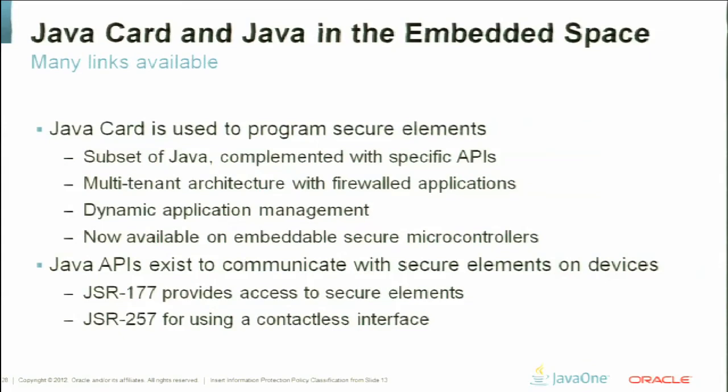Just to give you very small information about Java Card, it's a very small subset of Java. It's complemented with very specific APIs for crypto, protecting passwords or whatever credentials you may want to store. The interesting part is that it has been designed from scratch as a multi-tenant architecture with applications that are strongly firewalled, because the idea is that in a single smart card you can get applications from people who don't trust each other.